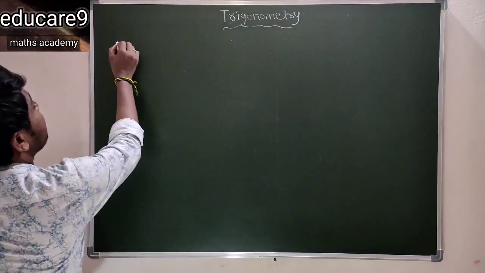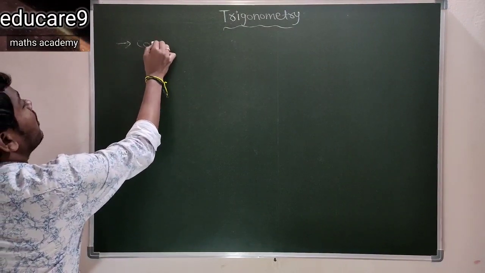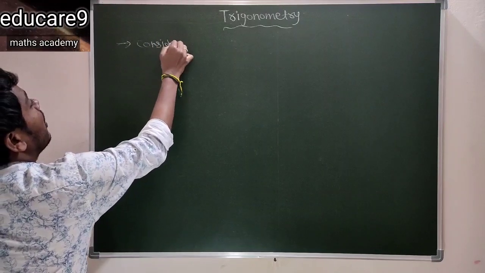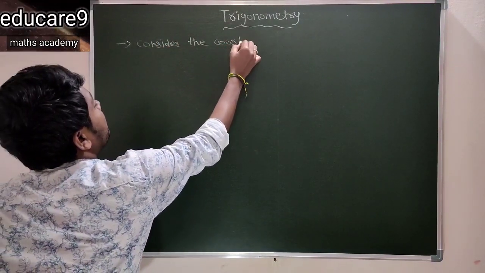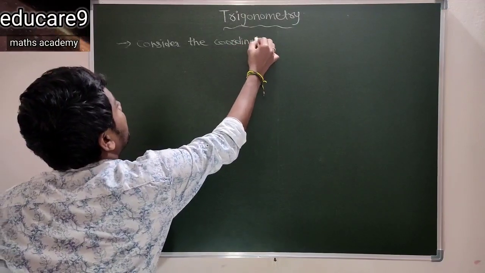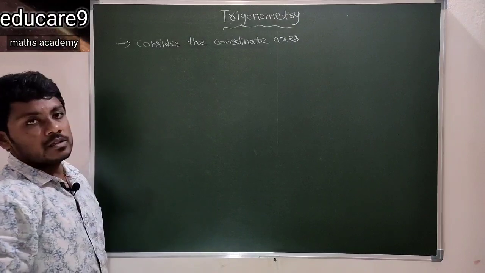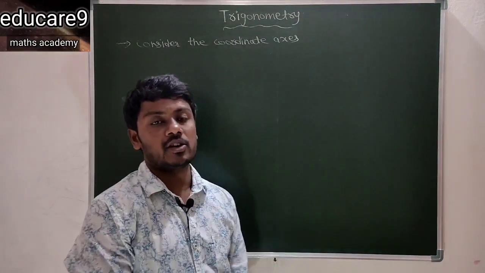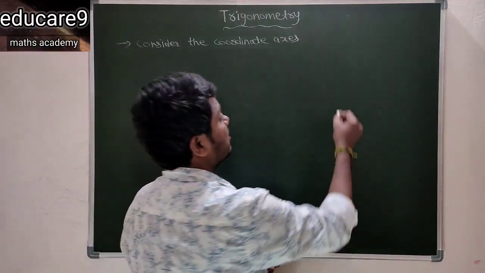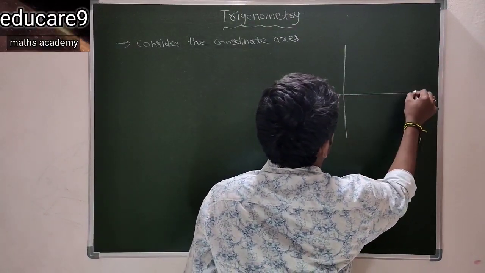So your next continuation. Consider the coordinate axis. Okay. So here what is meant by coordinate axis? The both x and y axis are called coordinate axis. See here, this is coordinate axis.